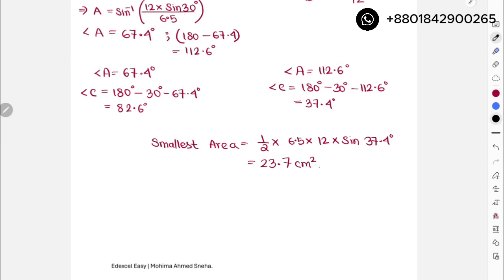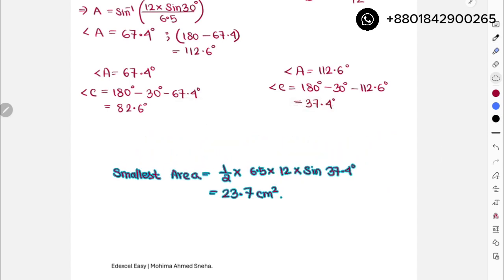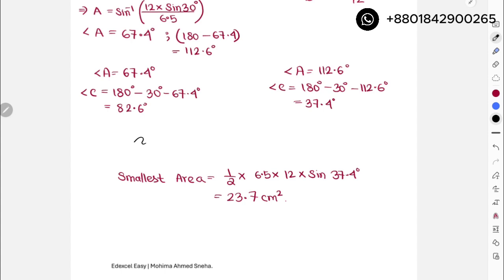Before we carried on to this final stage, I calculated the values for the two sines as rough working. In my rough working, I checked that sine 82.6 gives you 0.99, and sine 37.4 gives you 0.61 or something. So I can easily understand this one gives you the smallest value for the sine component.